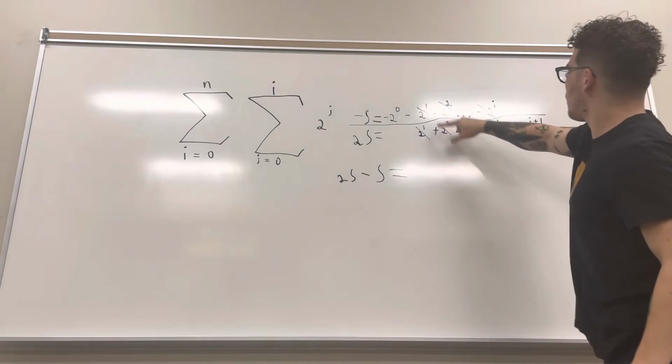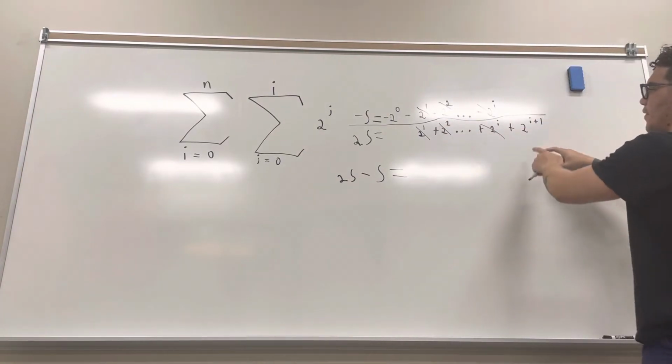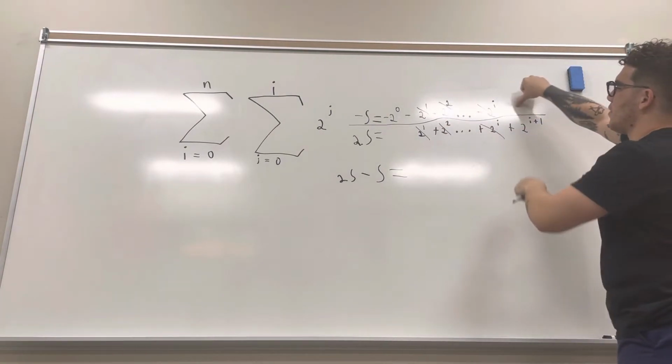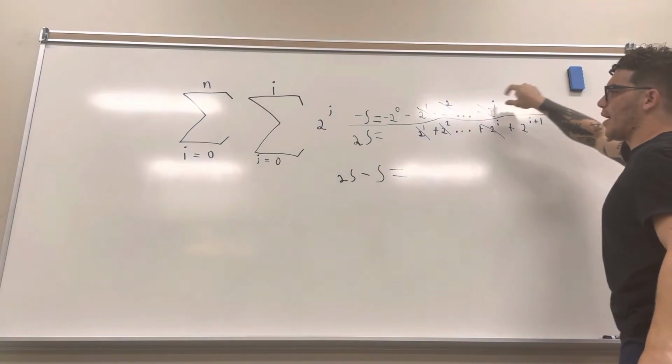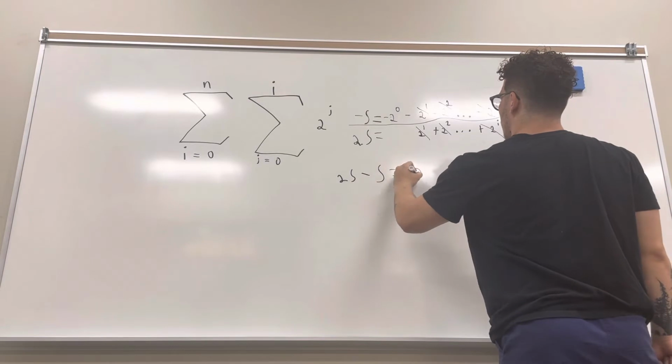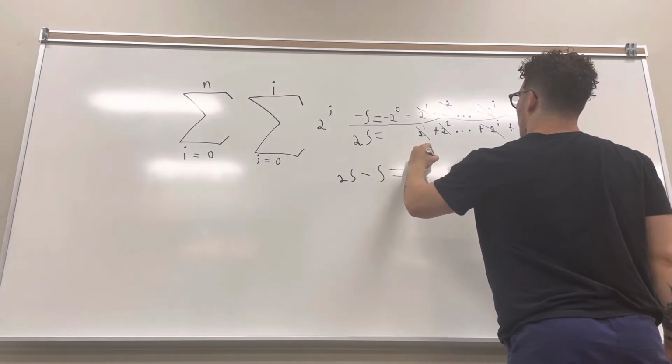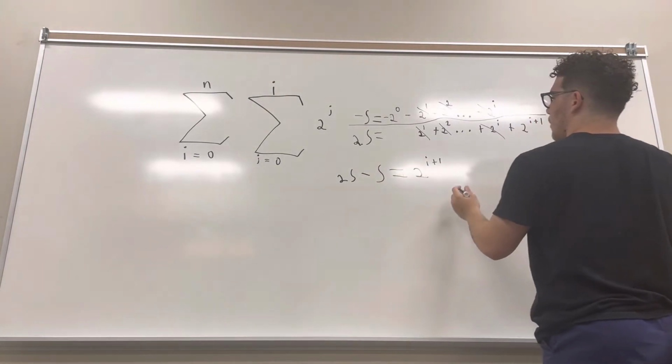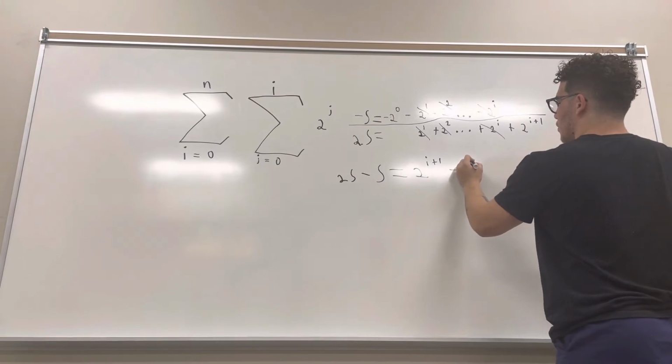And so these are all going to cancel, and then all we're going to have left is 2 to the i plus 1, because this term doesn't have that, and a negative 1. So we're going to have 2 to the i plus 1 minus 1.